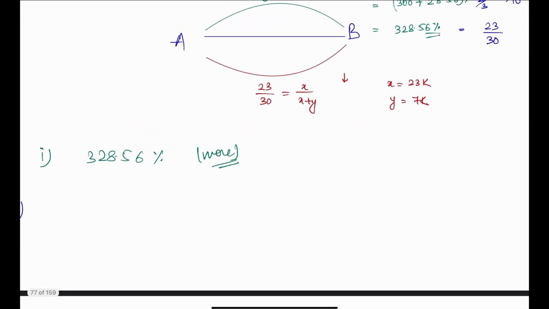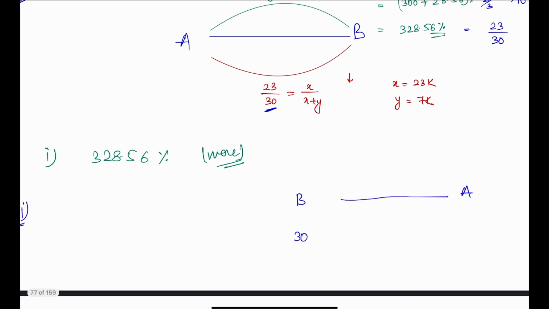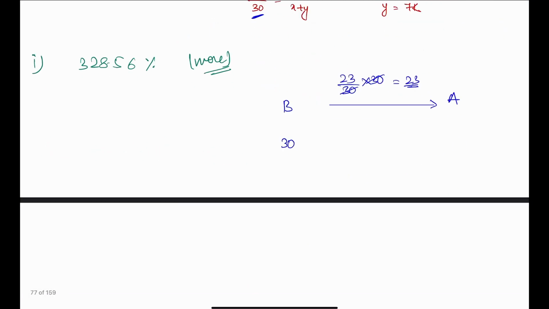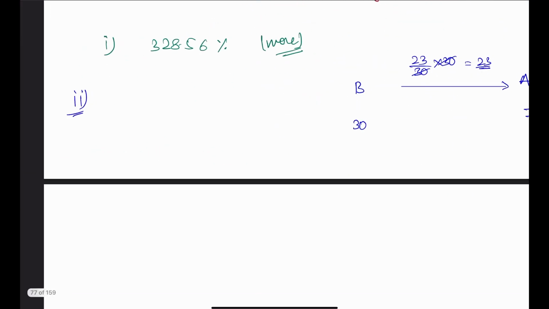So what I can say if I see from here that A salary is less by 20 by 30. If suppose we take B salary as 30, so what will be our A salary? Because it is less by 20 by 30, so 23 by 30 it is less, so cut 23 less, so 23 less will be how much? 7, right?